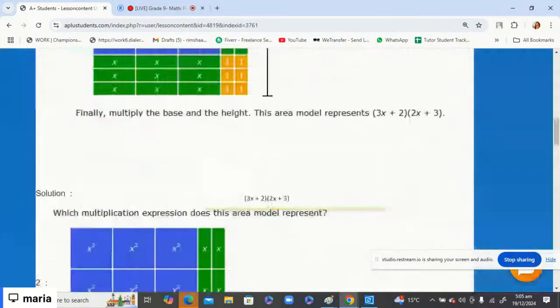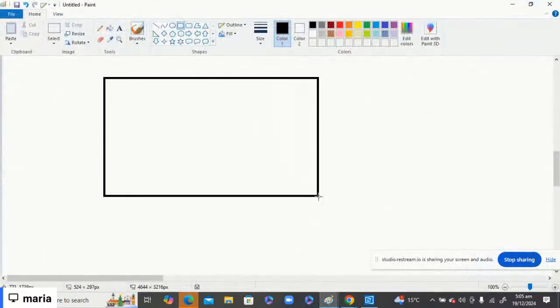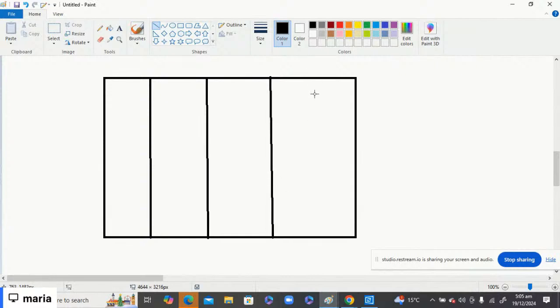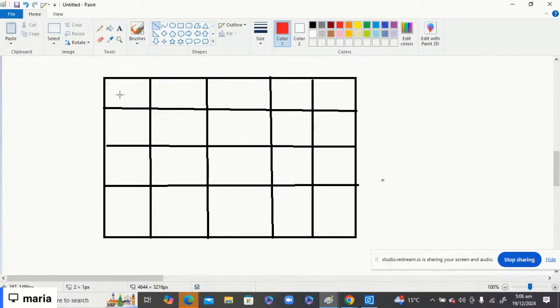For example, I'm going to draw the area model here.